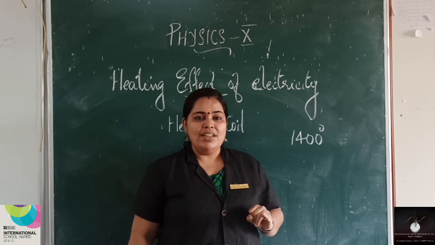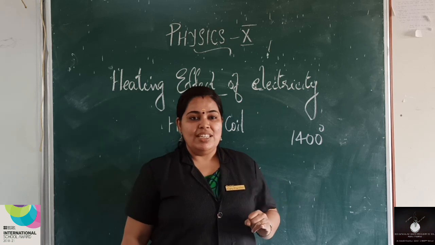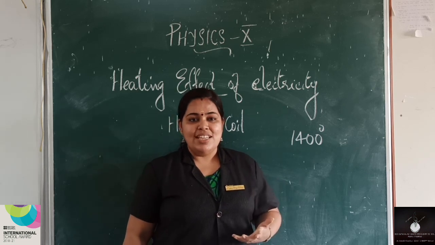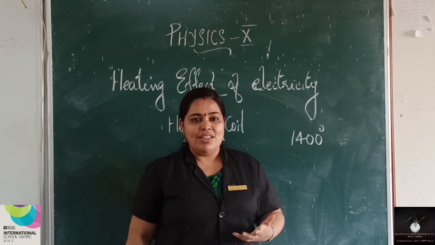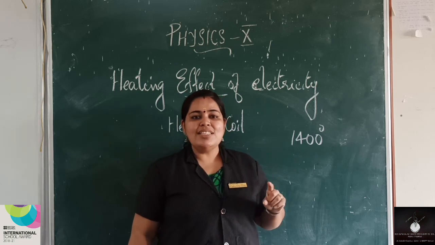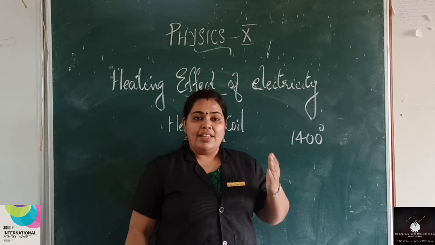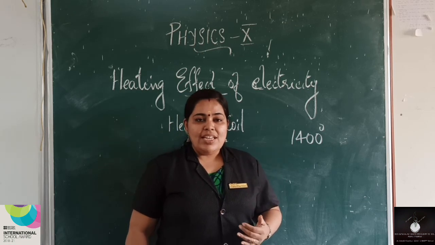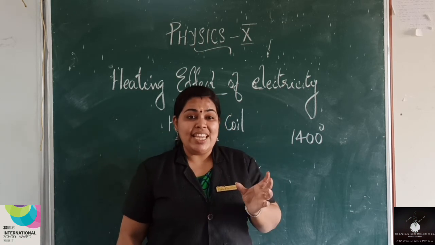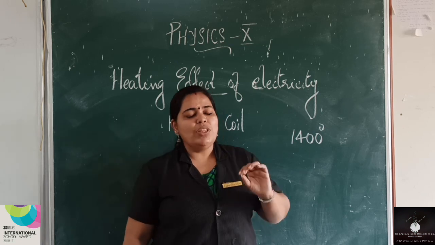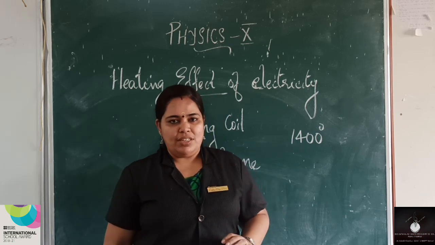And the second one, high resistivity. It has high resistance. That is why it is becoming hot, isn't it? And the third one, it has the ability to remain in a red hot condition without undergoing oxidation.